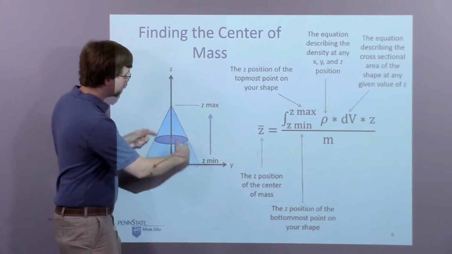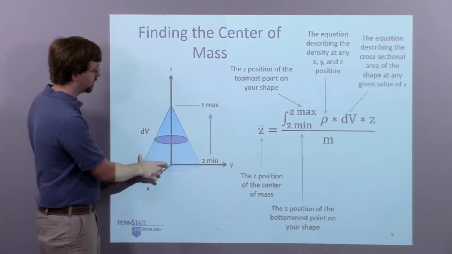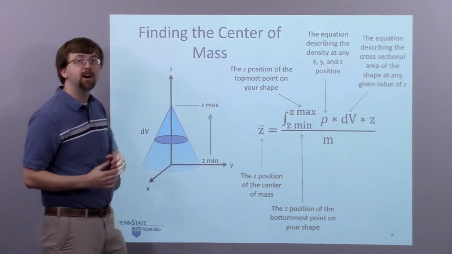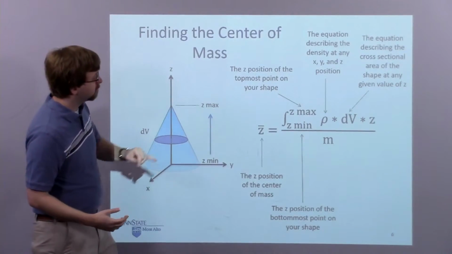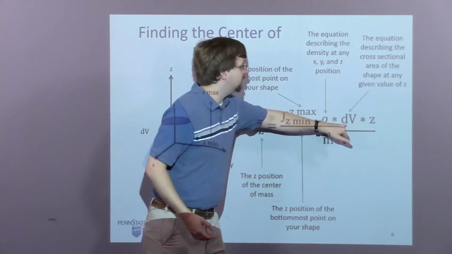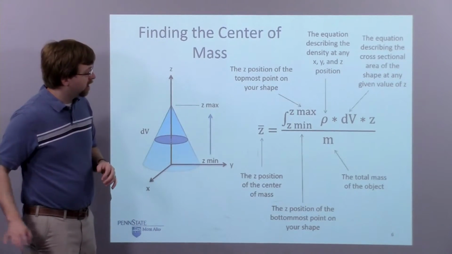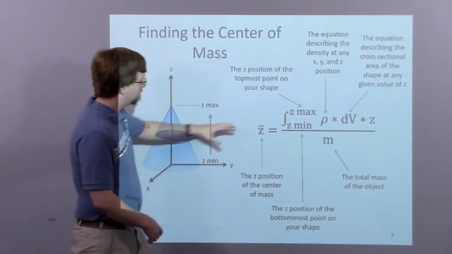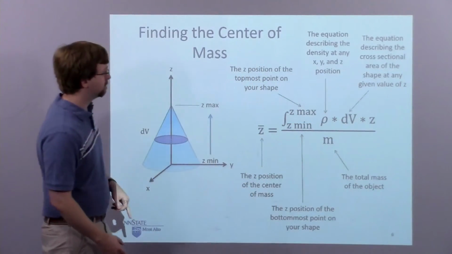As I move from the bottom up to the top, the cross-sectional area is always going to be a circle, but it's going to get smaller and smaller. So I need to find an equation describing that area for any value of z. So I'm multiplying the density function times the dV function. I multiply that whole thing by z, and I'm going to divide this moment integral, after I evaluate that, by the total mass of the object at the bottom here.